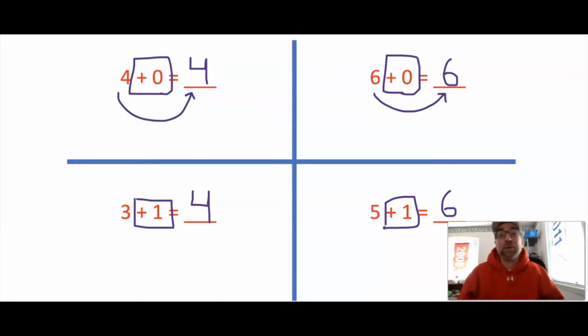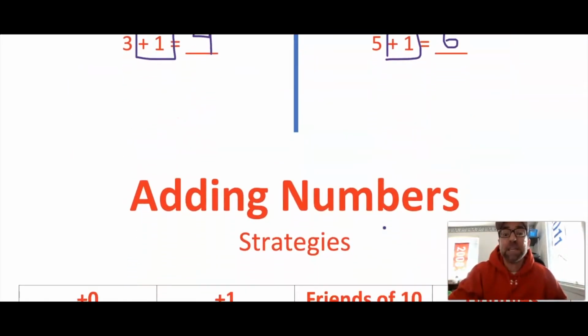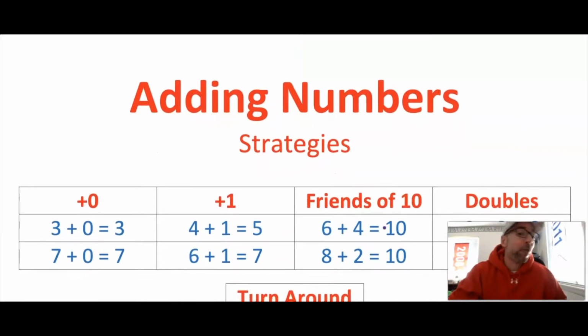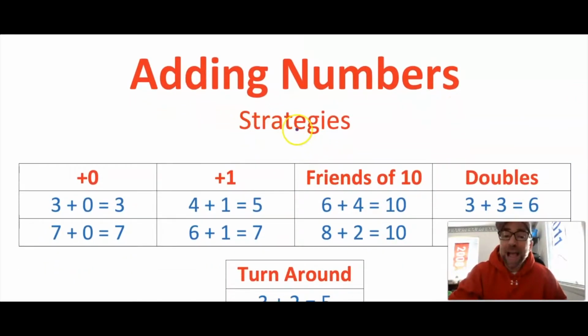So far this year, we've learned a lot of strategies to add numbers. Let's take a look at some of these strategies. Now, remember that a strategy helps us to be successful, to solve something, to win, to be the best we can. So here are some adding numbers strategies.